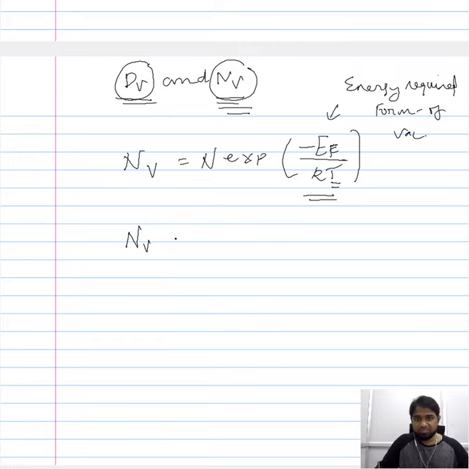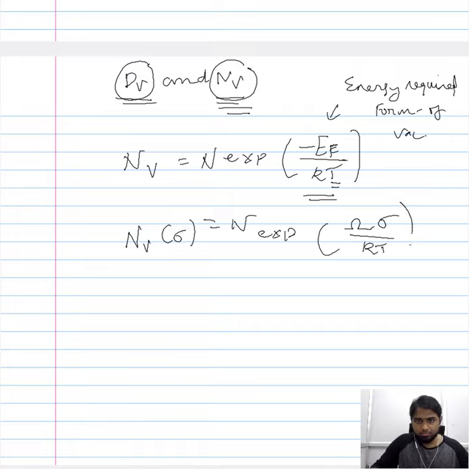The expression for the dependence of the number of vacancies on the stress is: for a given temperature T, when you have a stress sigma acting on the material, the number of vacancies increases with respect to the stress, and this is the expression for it. And this term here is nothing but the local molar volume.